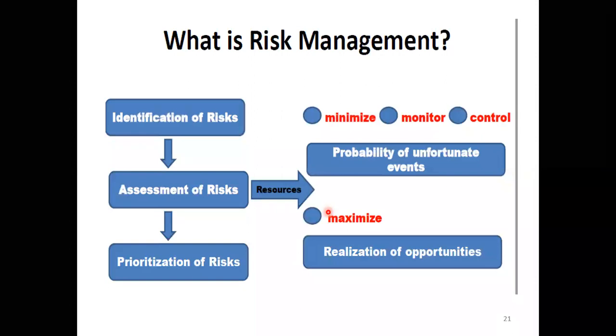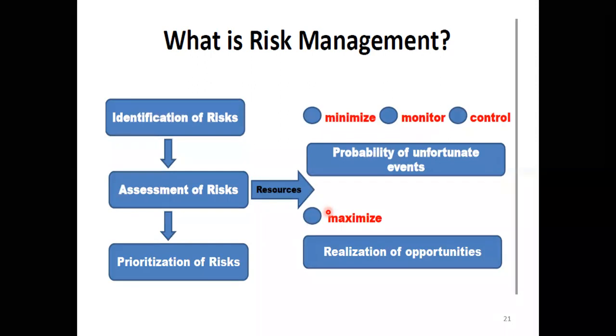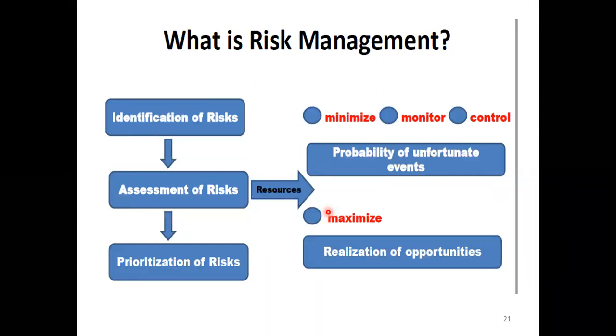Risk is not always a bad thing, right? Risk simply means uncertainty. Some uncertainties will impact the organization in a bad manner. Some incidents, some risks, may give opportunities to grow.